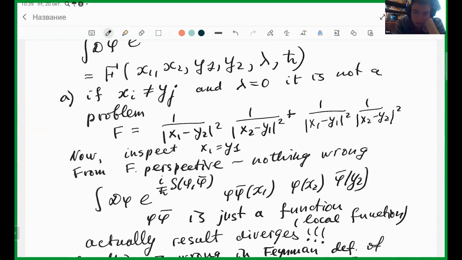Here there's a term that contains 1 over x2 minus y2 squared. But now we subtract something like x1 minus y1 with coefficient 1.